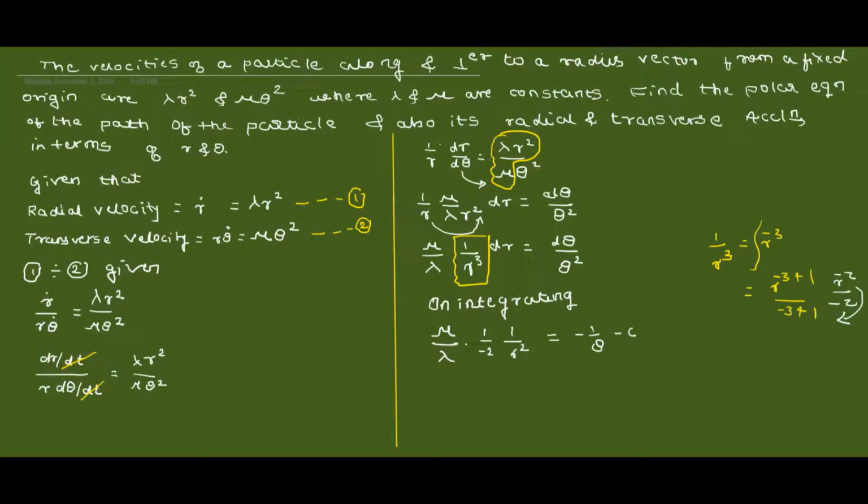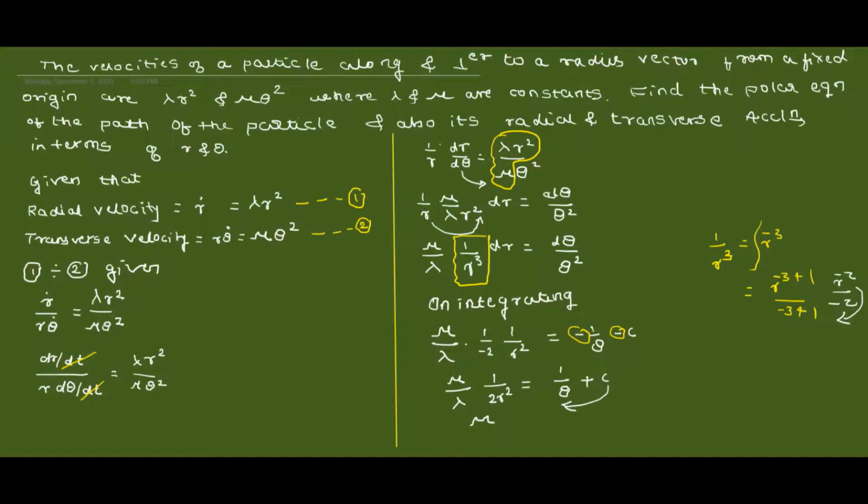Now on both sides, this minus gets cancelled. This minus and this minus, the throughout minus gets cancelled, and you will get mu divided by lambda, then 1 divided by 2r square is equal to 1 divided by theta plus c. Transpose this c to the left hand side, so that you will get mu divided by lambda into 2r square. Or transpose this lambda to the right hand side.